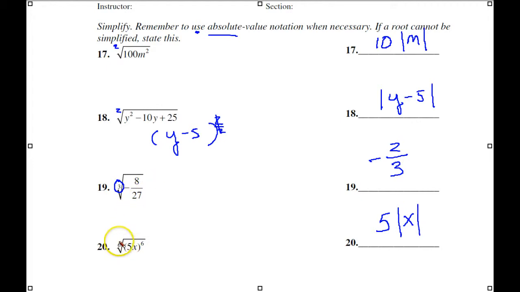And here, again, if the index number is 6, you can just put that 6 right there. And you'll see this in a later section, this shortcut. And it just becomes 5x. And again, if it's a variable part, we put that in absolute sign.